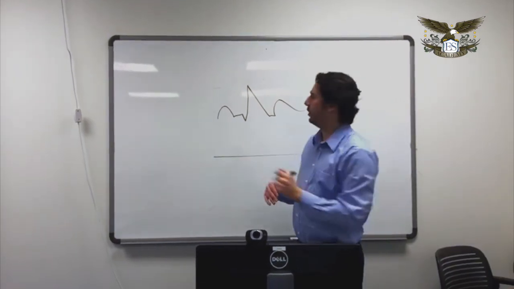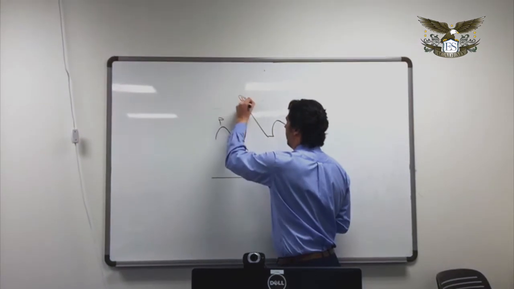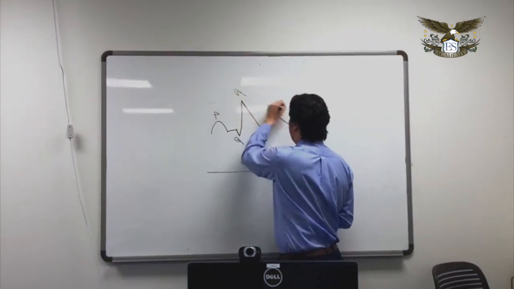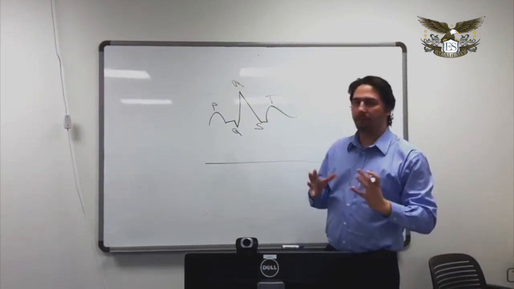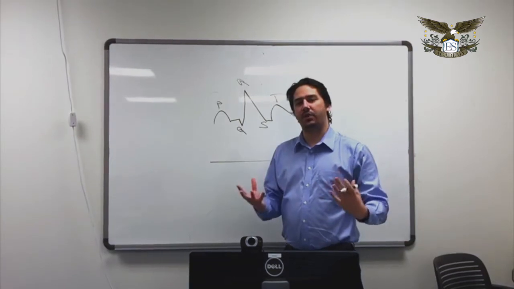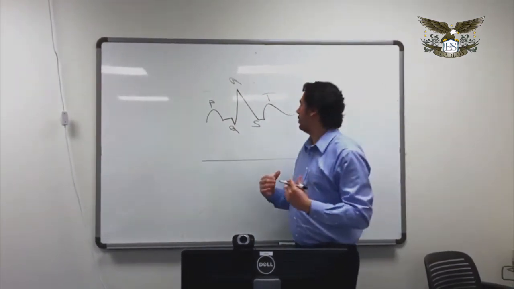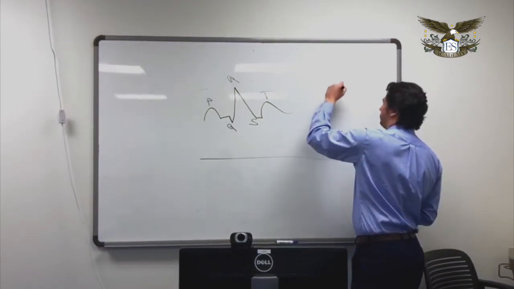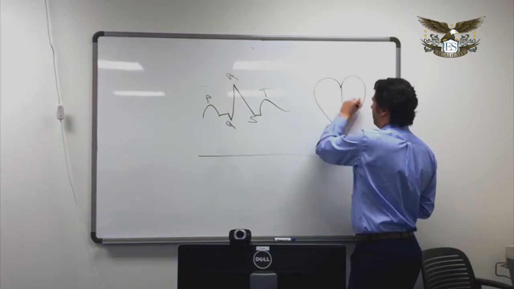So you have your P wave, your Q, your R, your S, and your T wave, and each one represents something. The P wave, a lot of people say that it stands for the primary wave, that first wave. That is atrial depolarization. Your heart is broken up into 4 chambers.